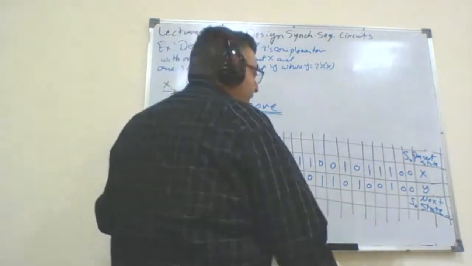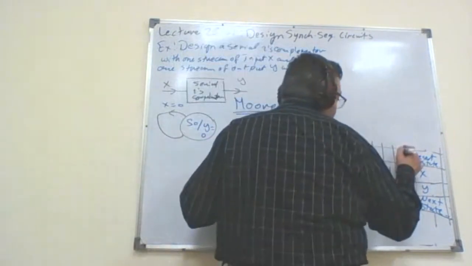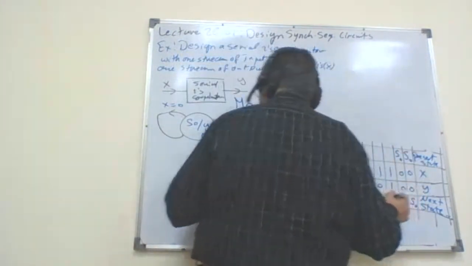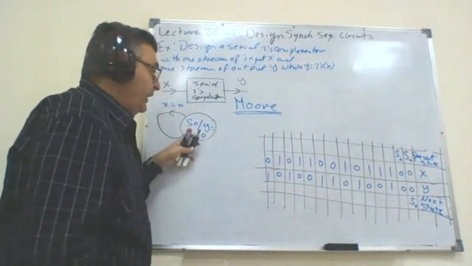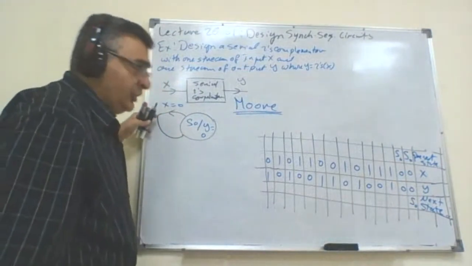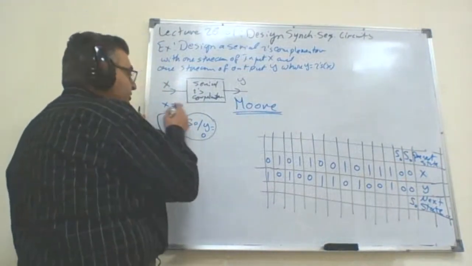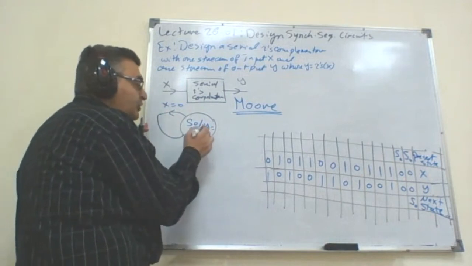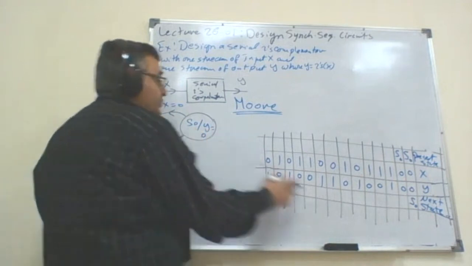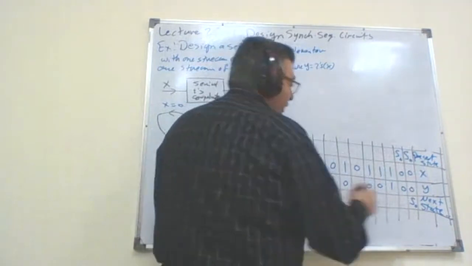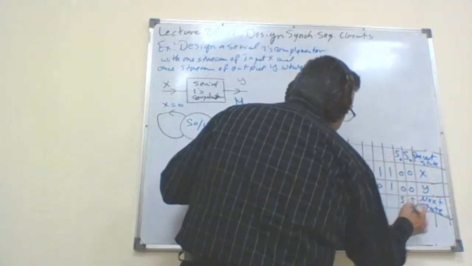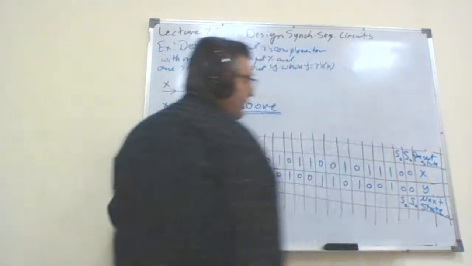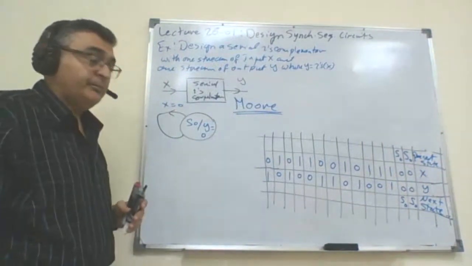In the next input, while I am in S0, I received another 0. So the state diagram indicates I am staying in the state producing Y equals 0, which is perfectly correct. So I will stay in S0 and produce the output 0.